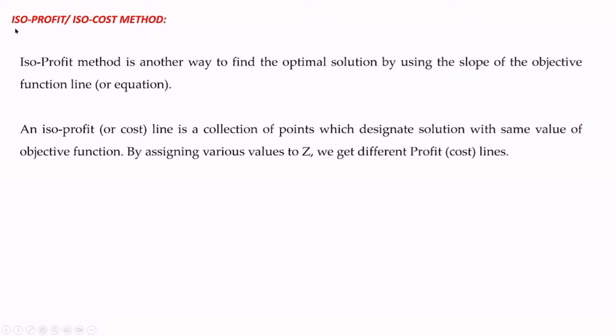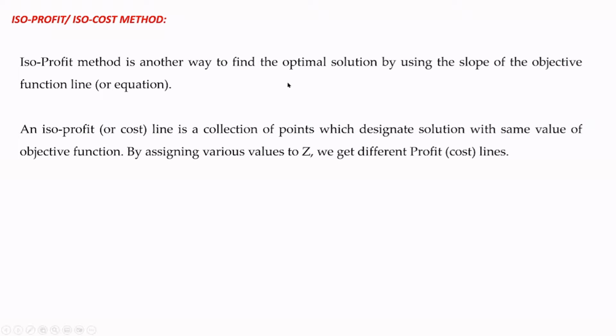The meaning of this term iso is nothing but it is same. So here we have isoprofit method is another way to find the optimal solution by using the slope of the objective function line. So what we will do in this isoprofit or isocost method is that we will draw various lines by giving arbitrary values to the objective function z.